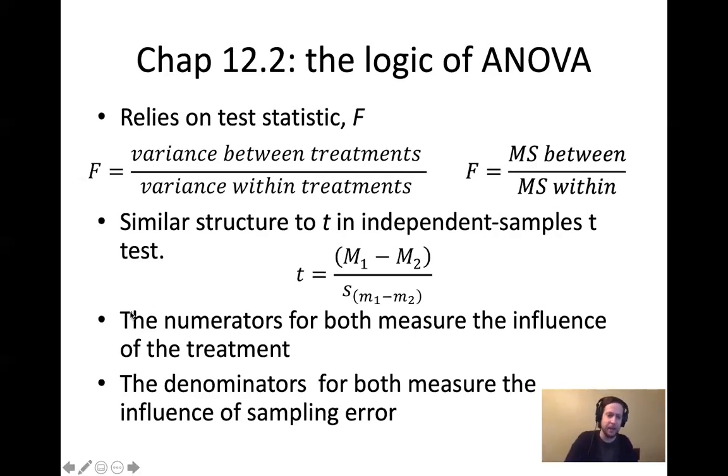And it says that here once again. The numerators represent the influence of the treatment, and the denominators measure the influence of sampling error, which is analogous to the amount of variability, the amount of variability on average within each condition. I'll show you some examples to make this more concrete.